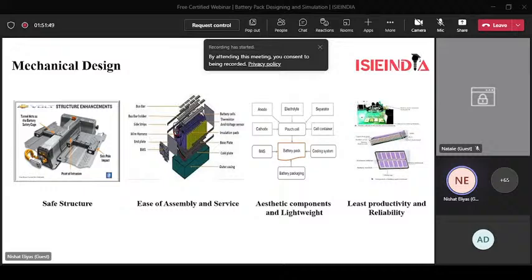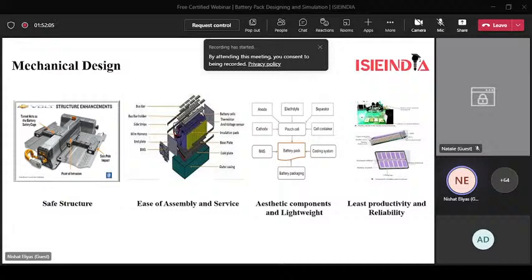So we need to design such a structure which has ease of assembly, aesthetic appeal and light weight, from fabricating the cells to designing a battery pack.